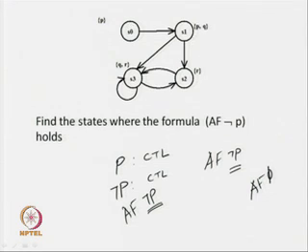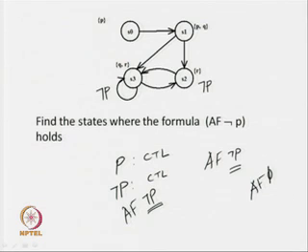In S1, P and Q are true, that means P is true over here. In S2 it is labeled with R. So, what does it mean? It says that P and Q are not true over here. So, we can say that not of P is true over here. Similarly, in S3 it is labeled with Q and R. So, it is not labeled with P. So, we are going to say that not of P is true over here.